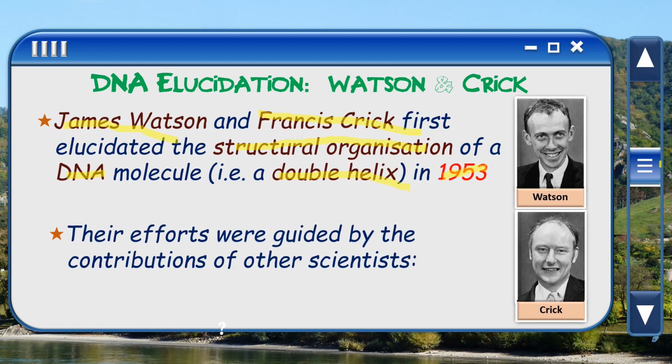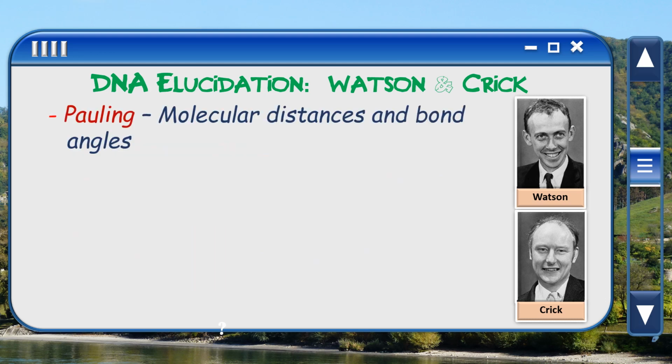Their efforts were guided by contributions from other scientists. Though they elucidated the structure of the DNA molecule, the efforts were already there. The contributions from other scientists are what they used to come up with the double helix structure of DNA.